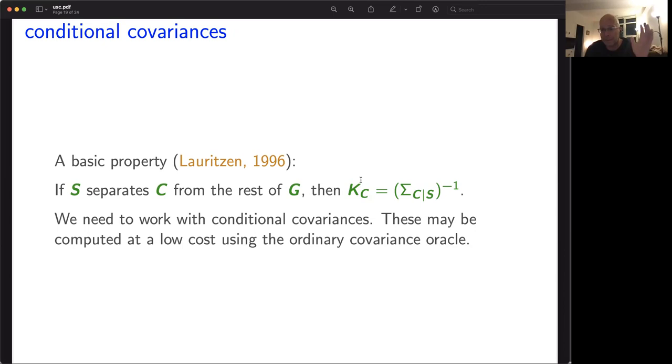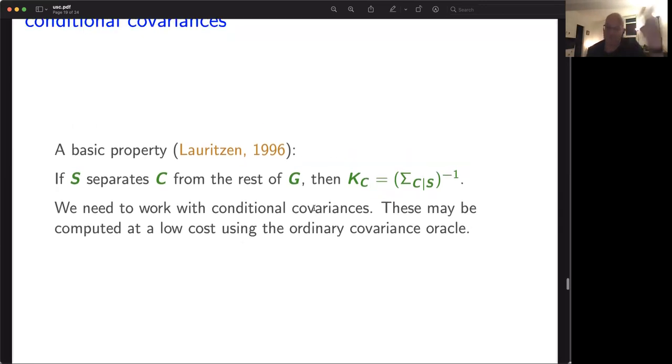So in our formulation, we don't need anything about Gaussians. We just work with the covariance matrix. What does conditional covariance mean? Well, that is the analogous notion from the Gaussian case, but this is just a purely algebraic property.